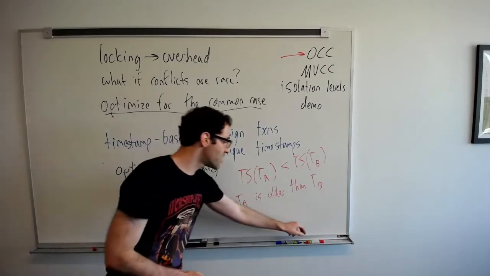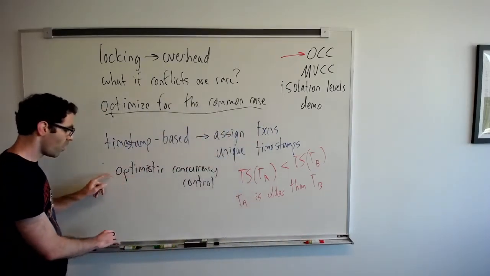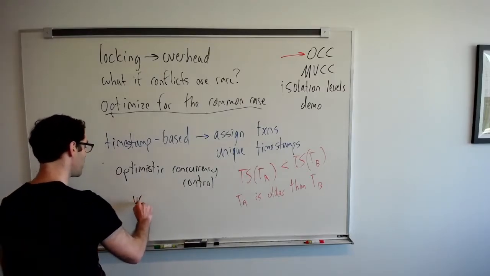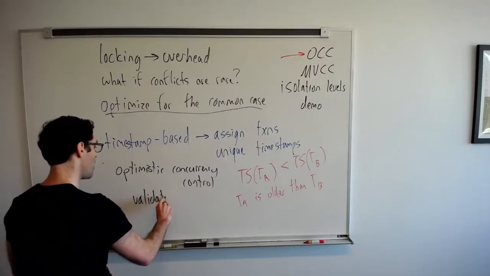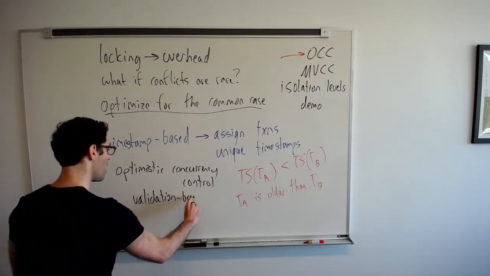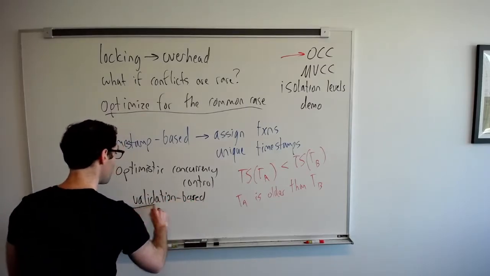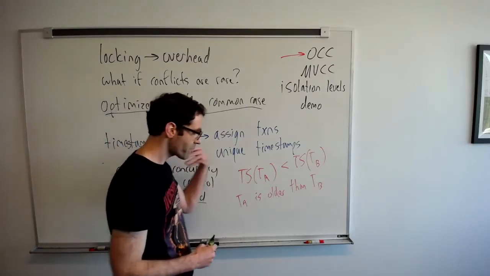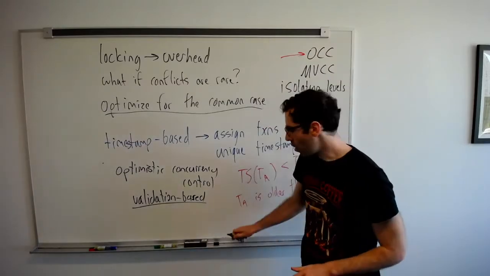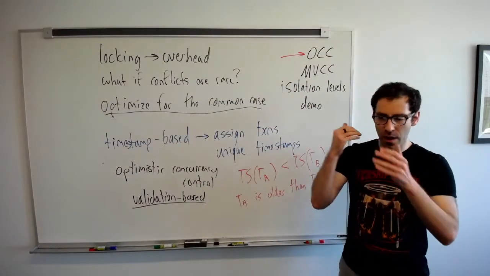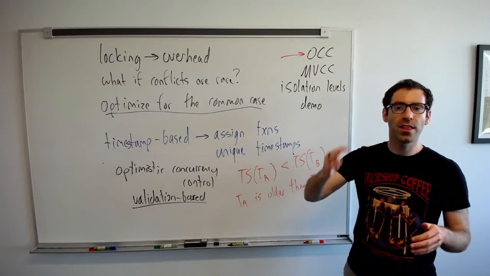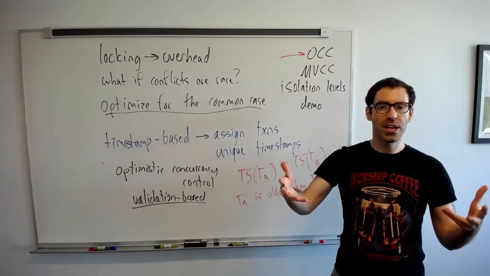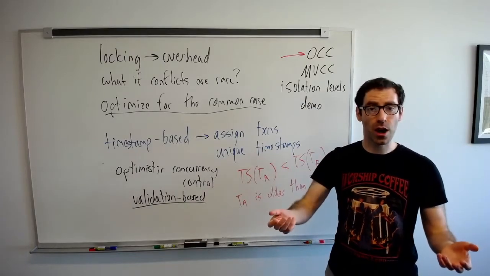So what distinguishes our optimistic concurrency control protocol is that it is validation based, which means we're going to let our transactions execute all the way through, and then when they are ready to commit, we will go through a validation process to make sure that there were no conflicts.